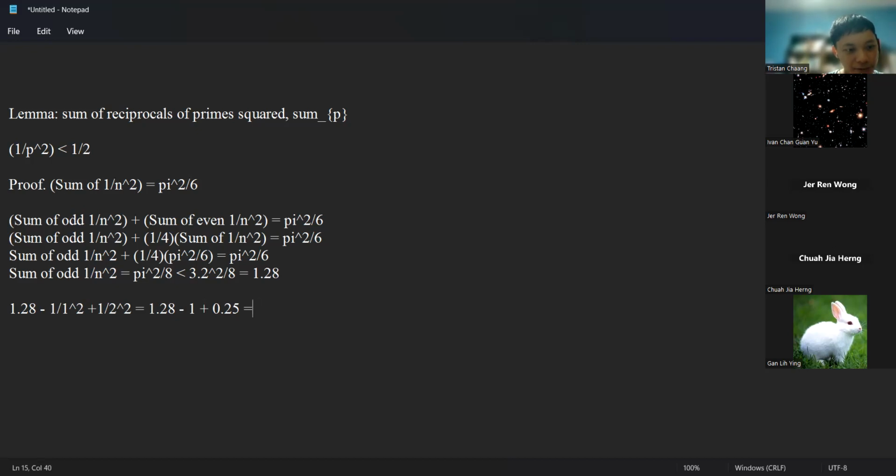I think we can improve on this 1.28 here. 3.15 maybe. Let me see if that improves the bound. 3.15 squared divided by 8. Yeah, it's 1.24 apparently.